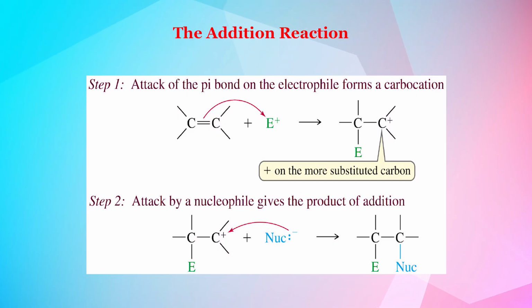So this is an unsymmetrical alkene, that is, the groups on either side of the double bond are different. Whereas ethene is symmetrical, because we have CH2 double bond CH2, and the substitution on either carbon atom is the same.